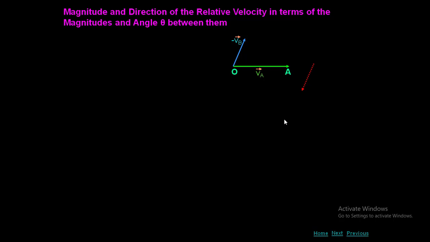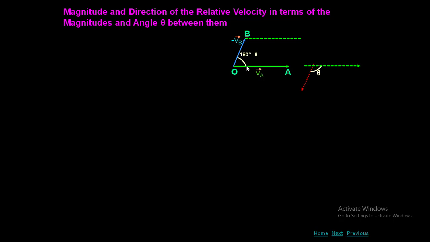That means both are separated by an angle theta with respect to one another. So if this is theta, this becomes 180 minus theta, because the angle at a point on a straight line is 180 degrees.